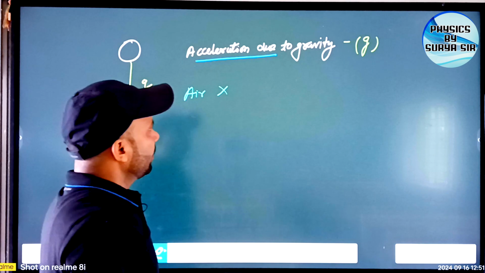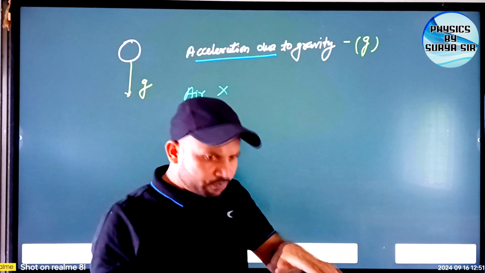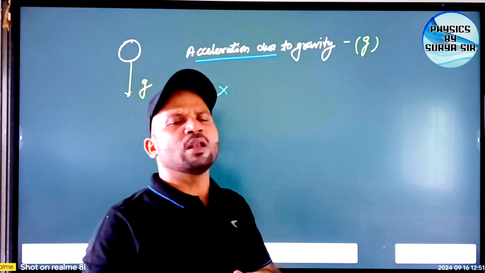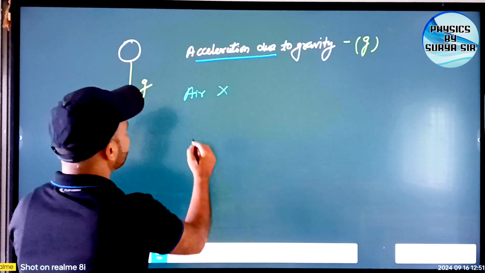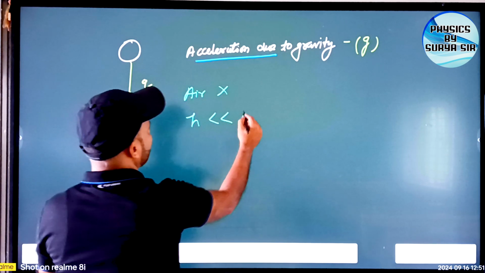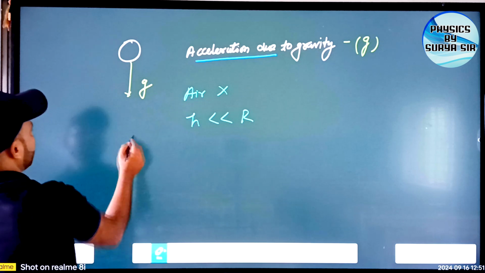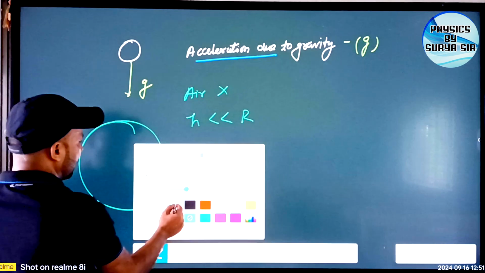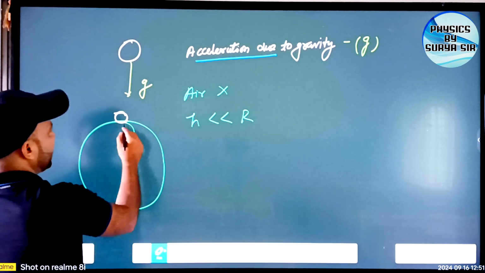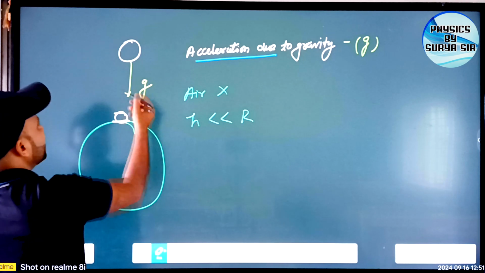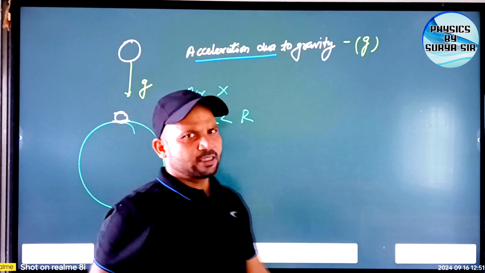and the height of the object above Earth's surface is very small in comparison to the radius, meaning h is much less than r. Suppose this is our Earth and the object is either on the surface, then h will be 0, or it is somewhat above the Earth's surface.